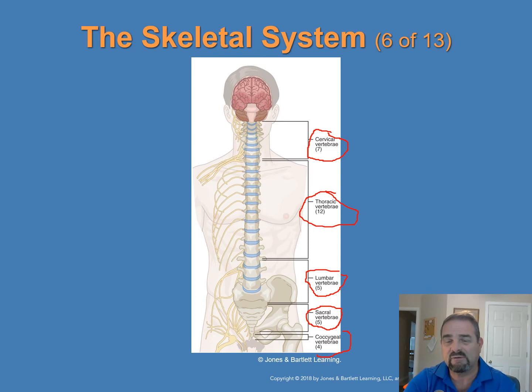This is the way I remember this, and it works for me. I don't know if it'll work for you or not, but at 7 a.m., I eat breakfast, okay? At 12 o'clock p.m., I eat lunch, okay? At 5 o'clock p.m., I eat my dinner meal, okay?